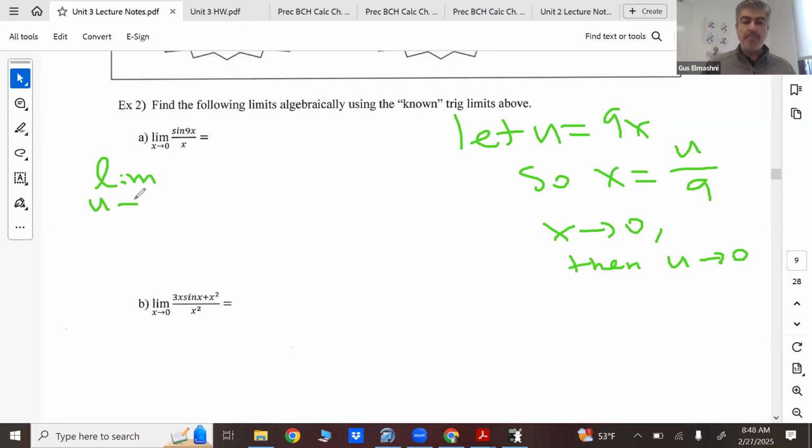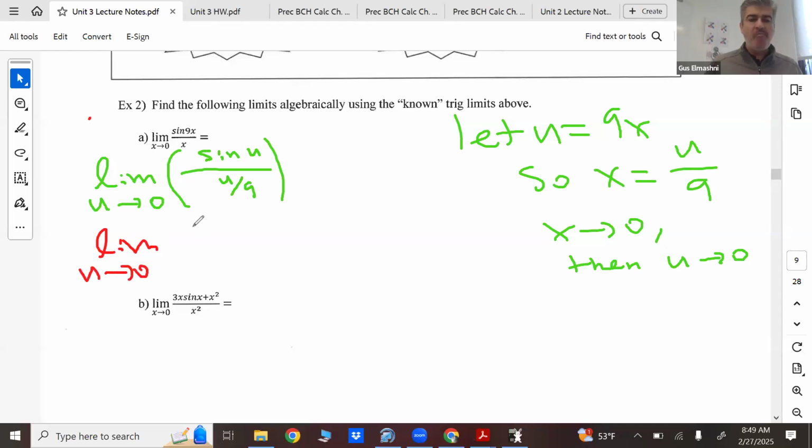Correct. And you have sine U, and x is U over 9. Okay, before I move forward, are we okay with that? I just wrote. We're okay with that? Yep. What do you think is going to happen? Equals 1. Well, sorry. Equals 1/9. Nope. Nope. The answer's 9.